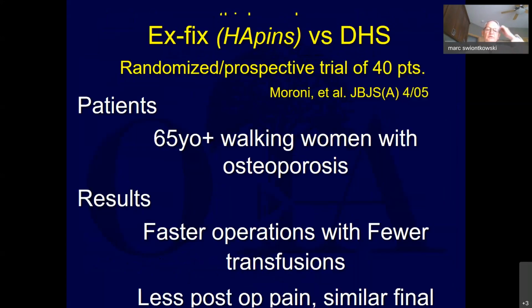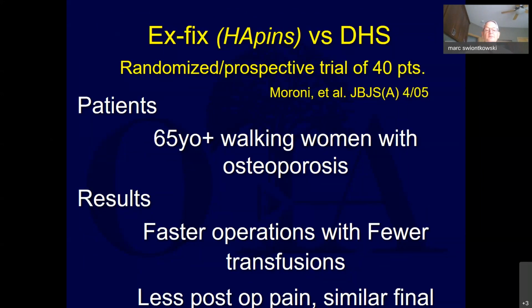And in this trial of 40 patients, there was a faster operation with external fixation, fewer transfusions, less postoperative pain, and there were no major difficulties with pin tract infection, although that is clearly something you have to deal with, particularly in a heavier patient.